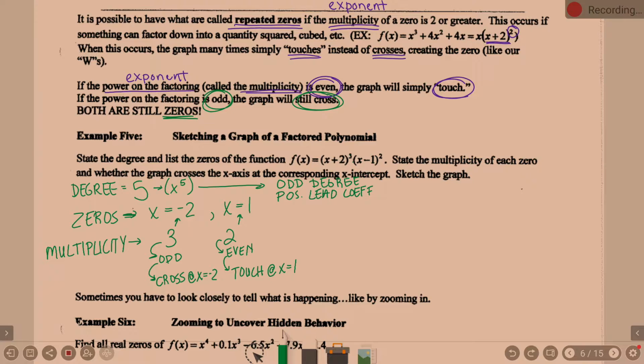And so positive lead coefficient, that looks like your basic x to the 3rd graph. X to the 3rd graph has down, up behavior, right? It's going to start down and end going up. So that's all good information there.